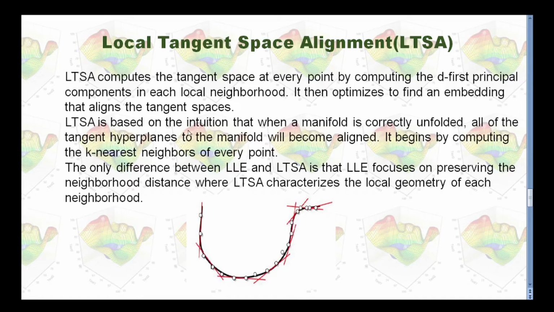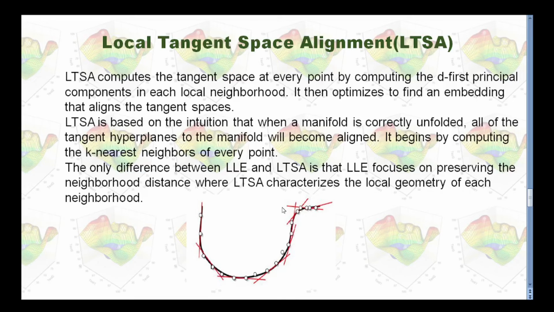LTSA is based on the intuition that when a manifold is correctly unfolded, all the tangent hyperplanes to the manifold will become aligned. It begins by computing the k nearest neighbors of every point. So this is the original data point, and then LTSA will calculate the tangent space and then try to reduce dimensionality with this new method.